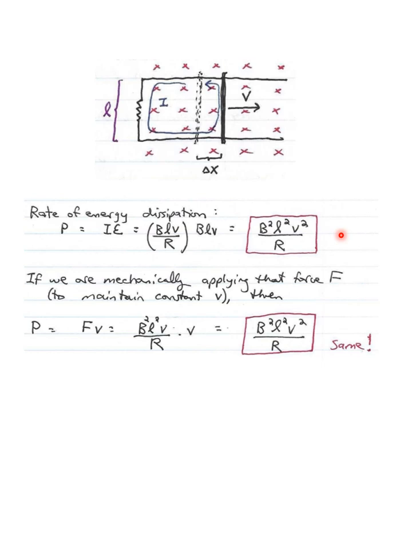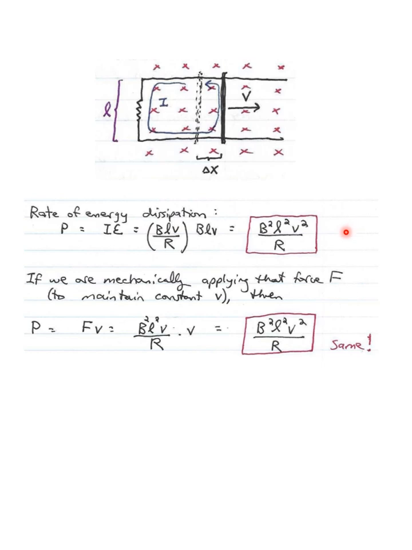Now let's think back to the mechanical effort that we're putting in to grab that bar and pull it to the right. If we are mechanically applying that force to maintain a constant v, then, and this is something we did in first semester, power equals force times velocity. And the force is B squared L squared v over R times v, and that becomes B squared L squared v squared over R. The whole point of all this is, look at these two equations that I have in the boxes.